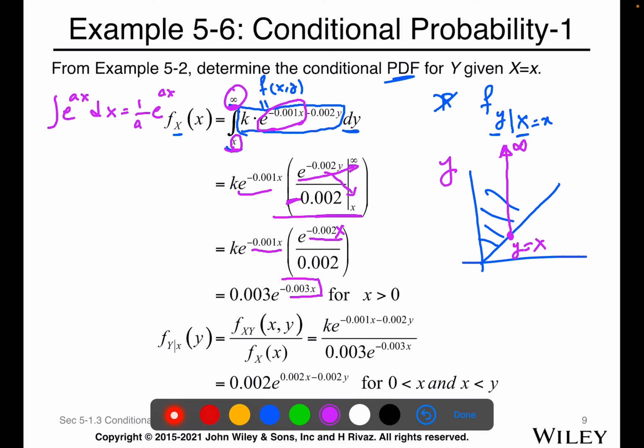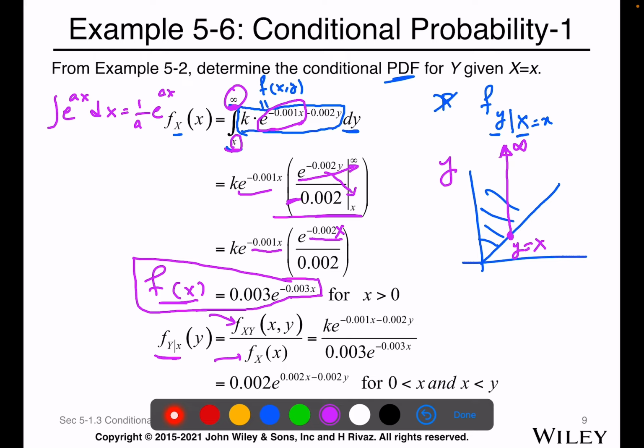So what is this thing that I got at the end, right? This is f of x, and we see that f of x is not a function of y. It's just a function of x. So to calculate f of y given x, I have to divide the joint PDF by the marginal, right?